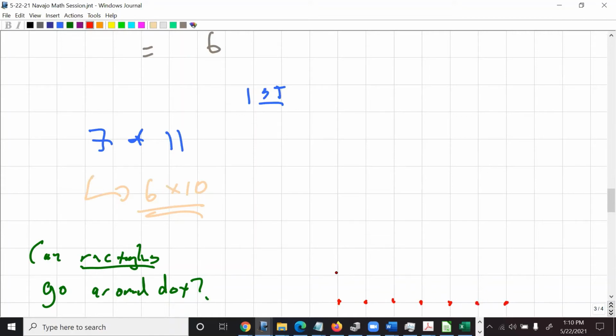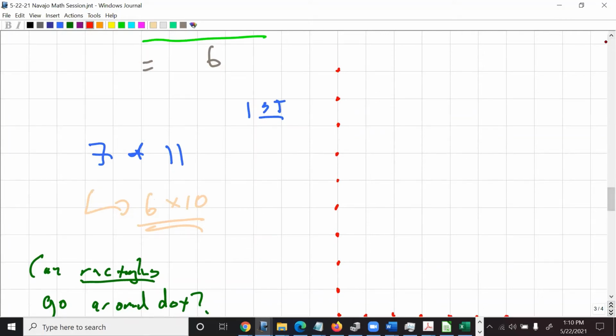1, 2, 3, 4, 5, 6, 7. Oh, yes, it does sit. Okay, so obviously this one is rather large, but it is going to show something to us.